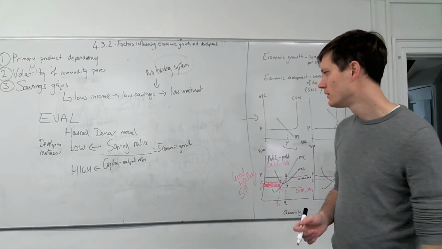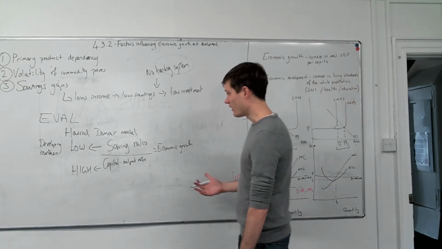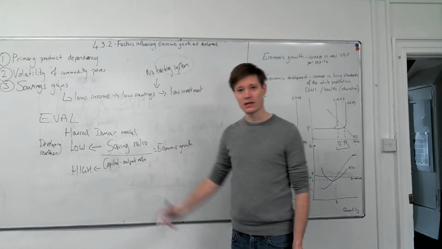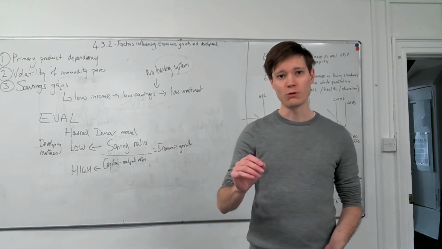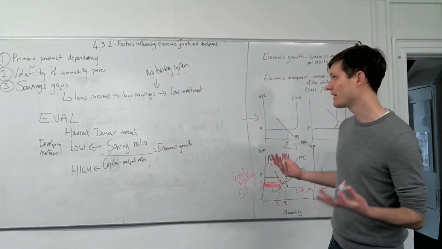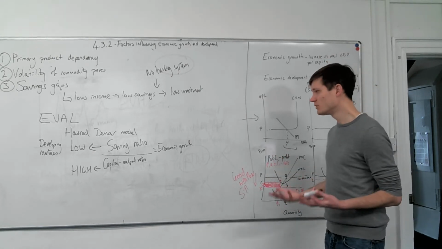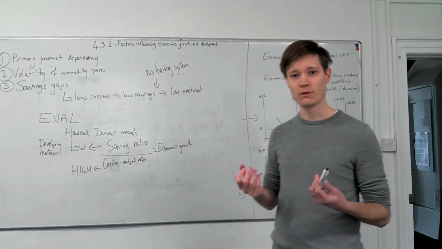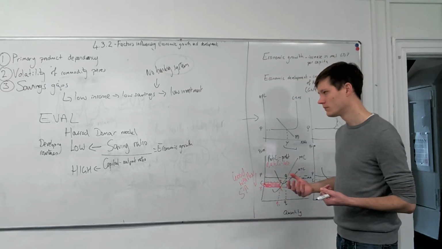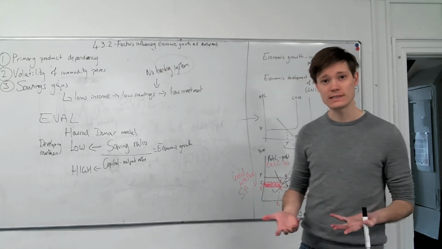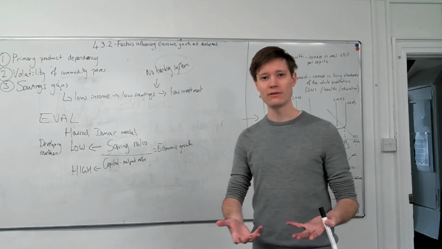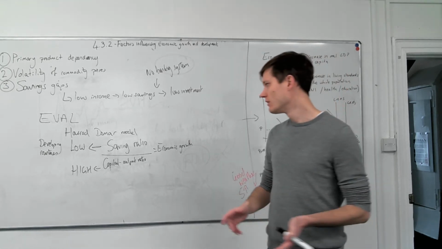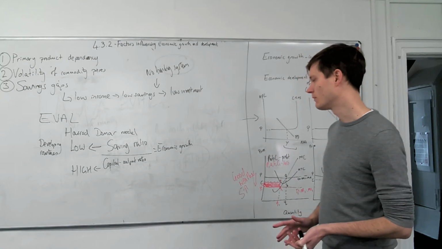Taking it further, well, how do I get a higher capital output ratio? I think a lot of you probably have already seen, it probably comes back to the government. The government will need to have supplied infrastructure, it will need to have supplied good quality roads and electricity, broadband systems, ports, things like that, so that businesses can produce effectively.